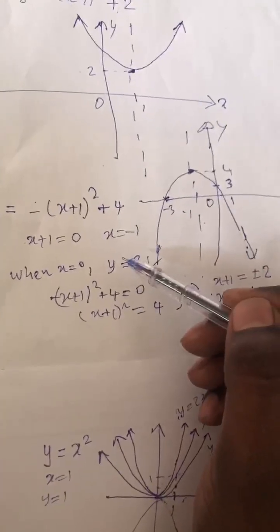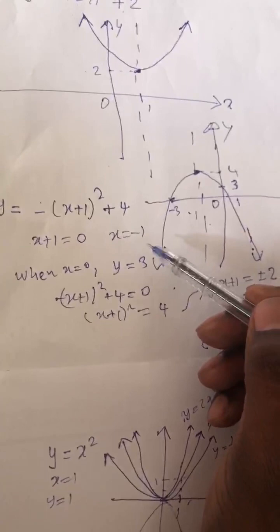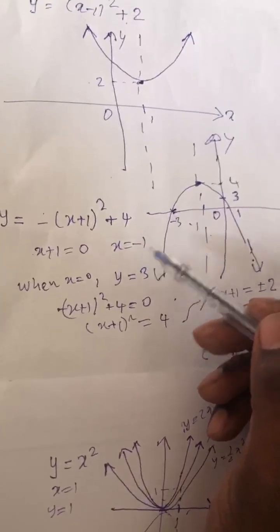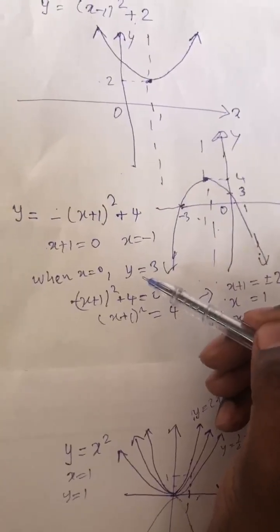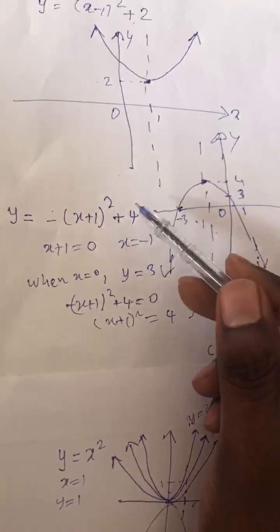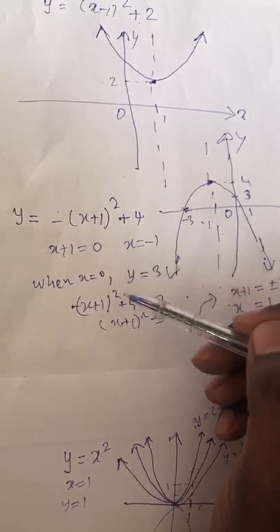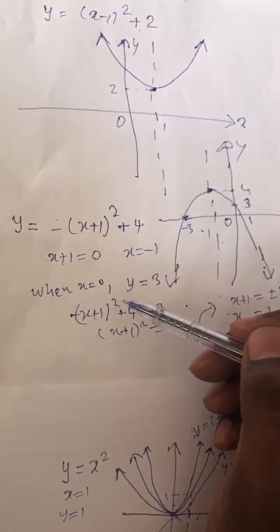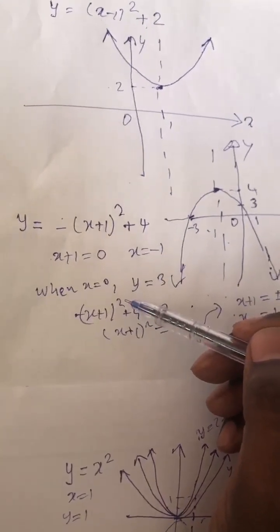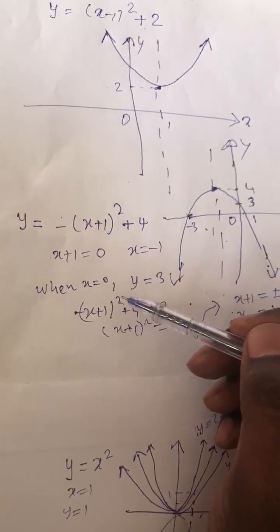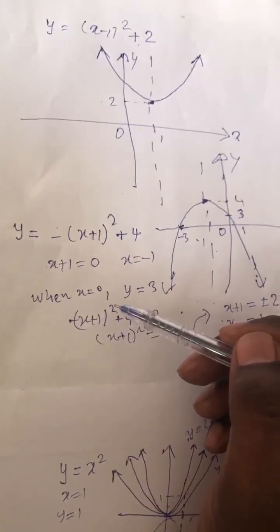You have to try to find the horizontal shift, the vertical shift, and what the changes are using the above techniques. Okay, this is enough, and see you next lesson soon.